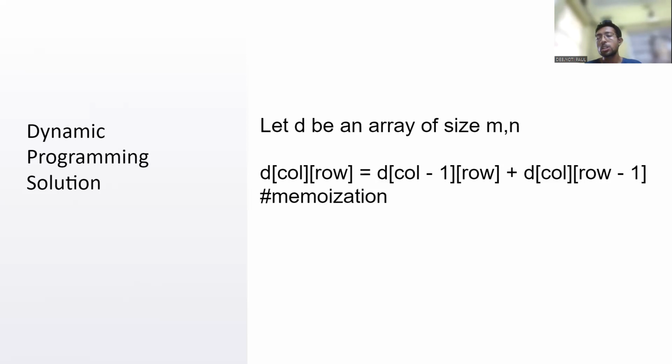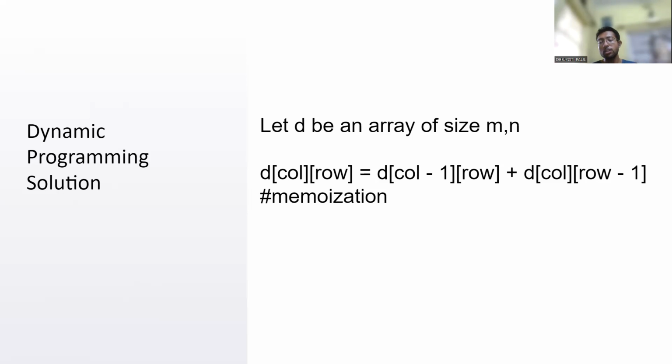And how will we compute this array? Each cell of this array is dedicated to each cell in the particular grid. So for a particular column and a particular row, we can use the recursive formula. The value of D, which stores the number of unique paths, is the sum of the value just above that particular cell, from which the robot can come down, and the value from the left cell, from which the robot can also move right.